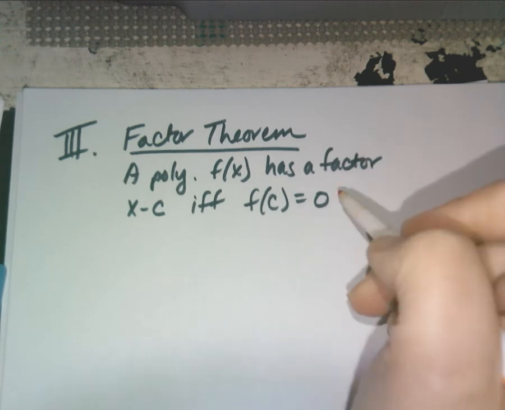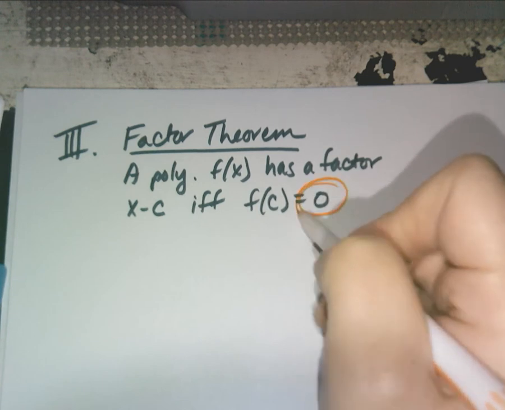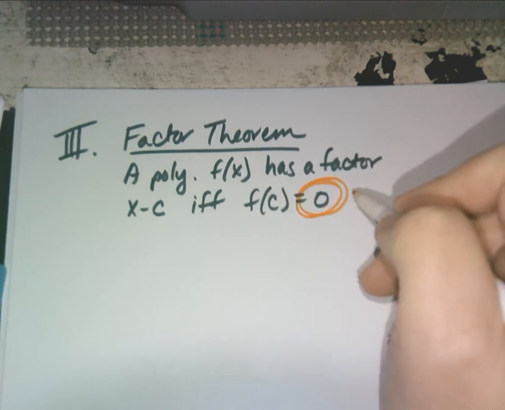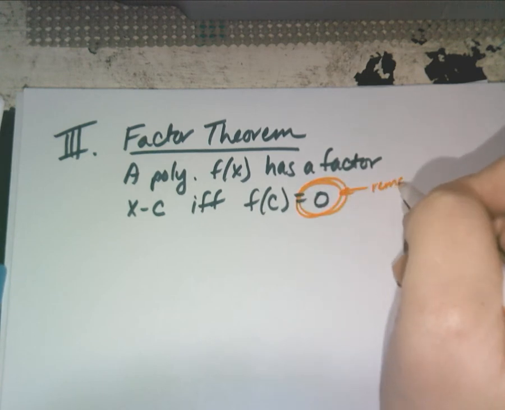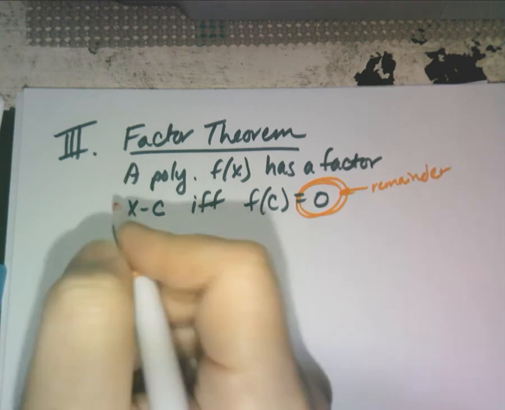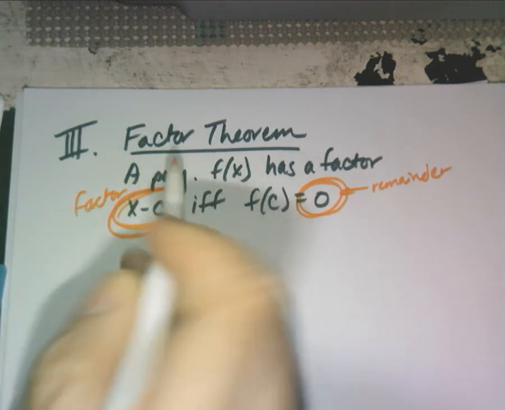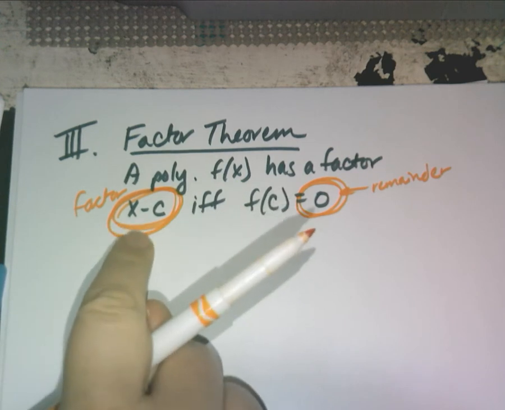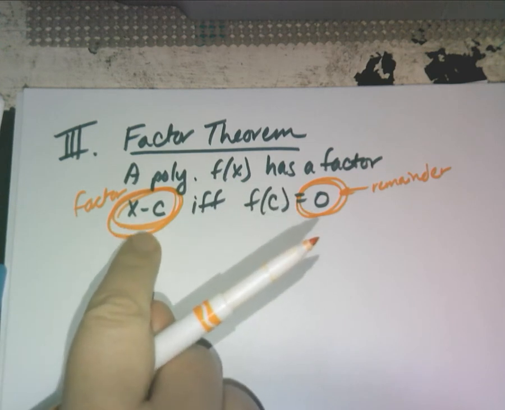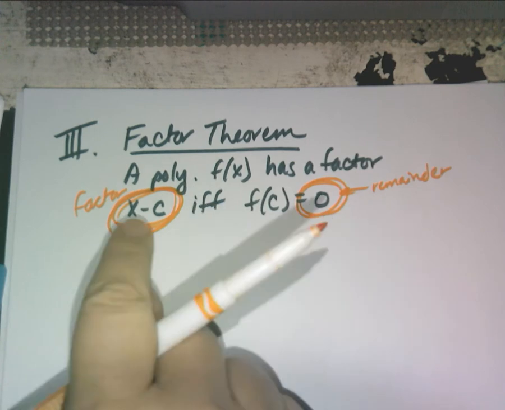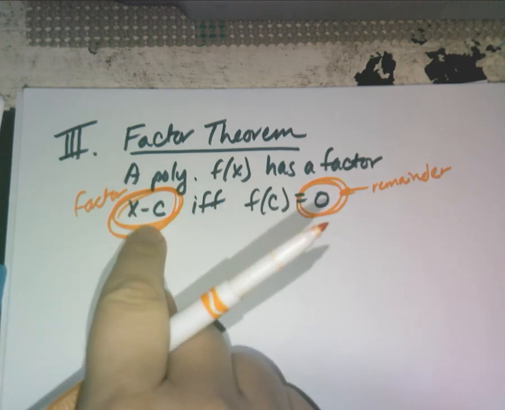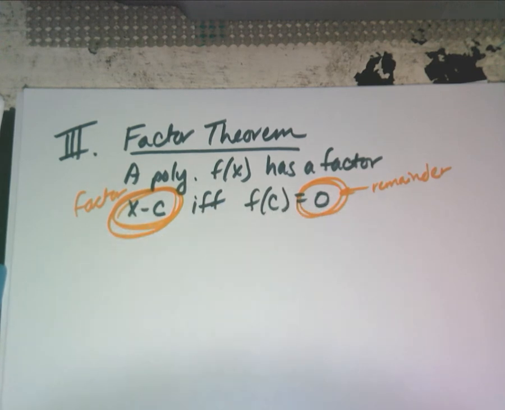That means if you get out a 0, if that is your remainder, then this that you divided by, this factor, is a factor. If you get out a remainder of 0, then what you divided by was a factor, right? Isn't that what we just found in the other problem? We got out a 0. It goes in evenly. It's a factor. Cool. It's called the factor theorem.